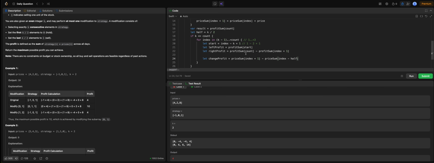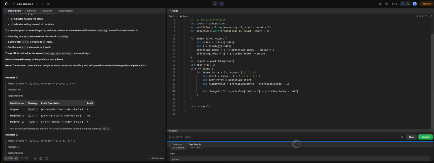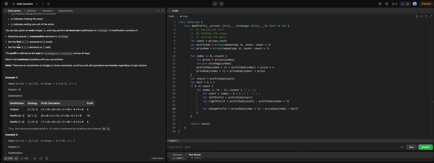Where is the half coming from? We have a valid given in here: set the first k minus k divided by 2 elements to 0. So that's what we are doing, using the half and the plus 1 for the sake of our dynamic programming, since we have an extra 1 room for that.